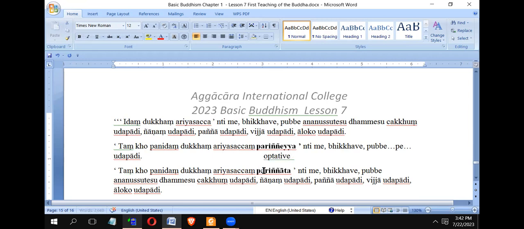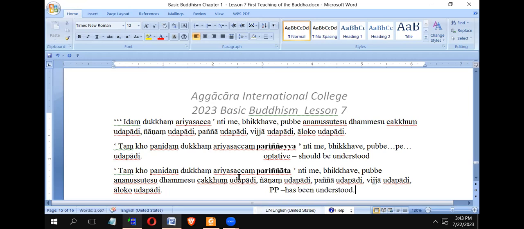And then the next one is parinnatam, which is a past participle. So what's the difference between this one and this one? One is should be understood, the other is has been understood.